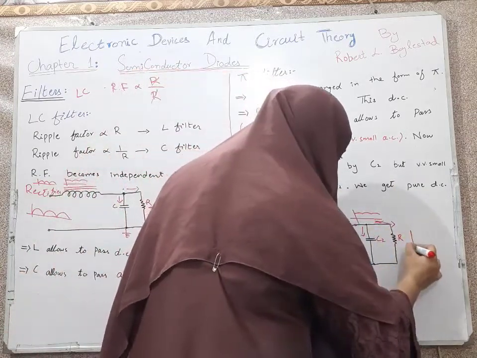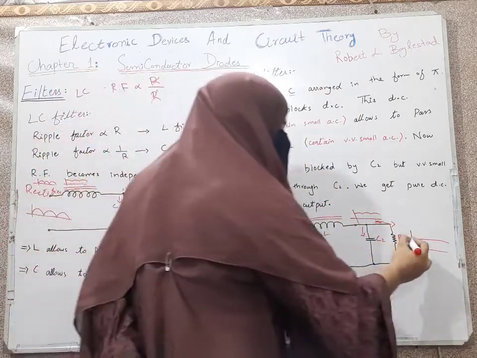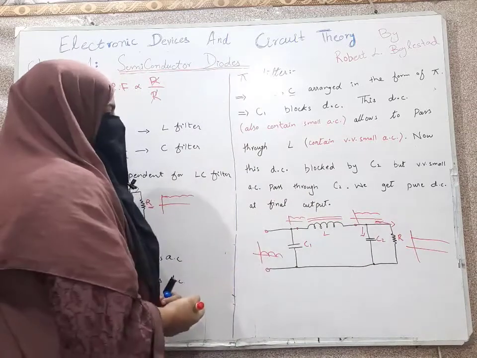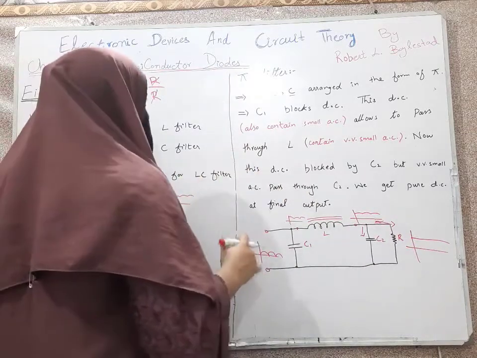So we will get the final output like this. Our output will be in the form of pure DC. So this is all of our lecture.